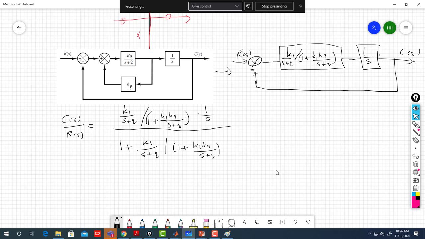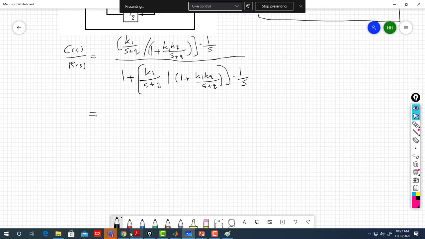So forward over 1 plus loop. Keep the same here, 1 over S. This is forward over 1 plus loop again.